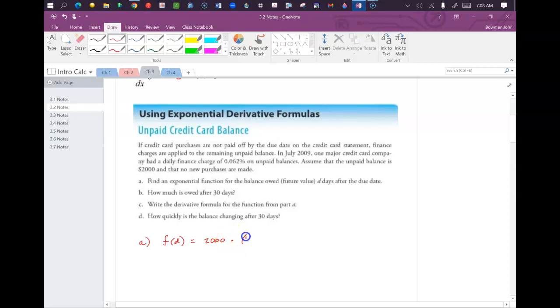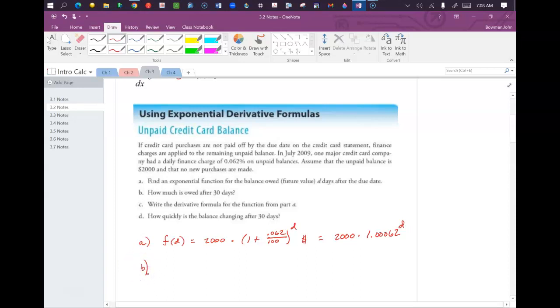Our b is 1 plus 0.062, because it's a percent, divided by 100, to the d, and that's in dollars, and d is how many days. That simplifies to 2,000 times 1.00062 to the d. So what we have there is an exponential function with a constant out in front of it, the base of that exponential function being 1.00062.